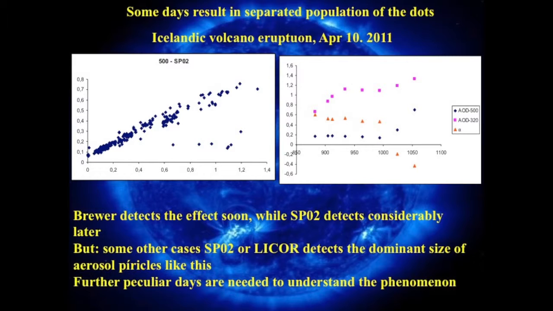Okay, and at the end, I show you something interesting. I called it peculiar days. There are days that absolutely don't fit; the dots from that day don't fit to the main cluster of the dots. It is again the relationship between the Brewer AOD and some other visible AOD, and you see this red one is the pointer.